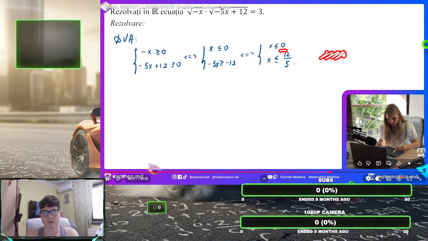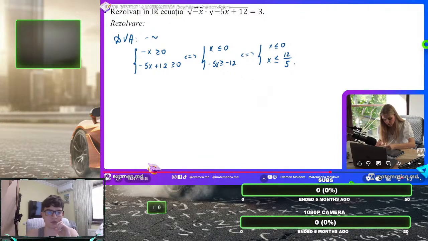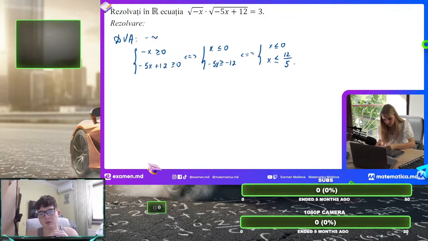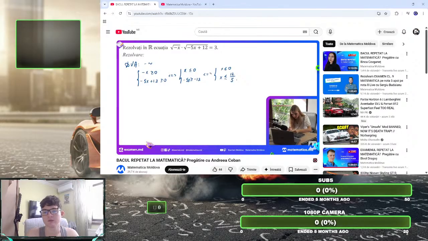Okay, we got that. Placing this on the graph, 12 divided by 5 is essentially bigger than 0, right? That is about 2.4, or exactly that. So it's going to be from minus infinite till 2.4 with a funny parenthesis. Okay, so I'm going to take a quick break and be back.